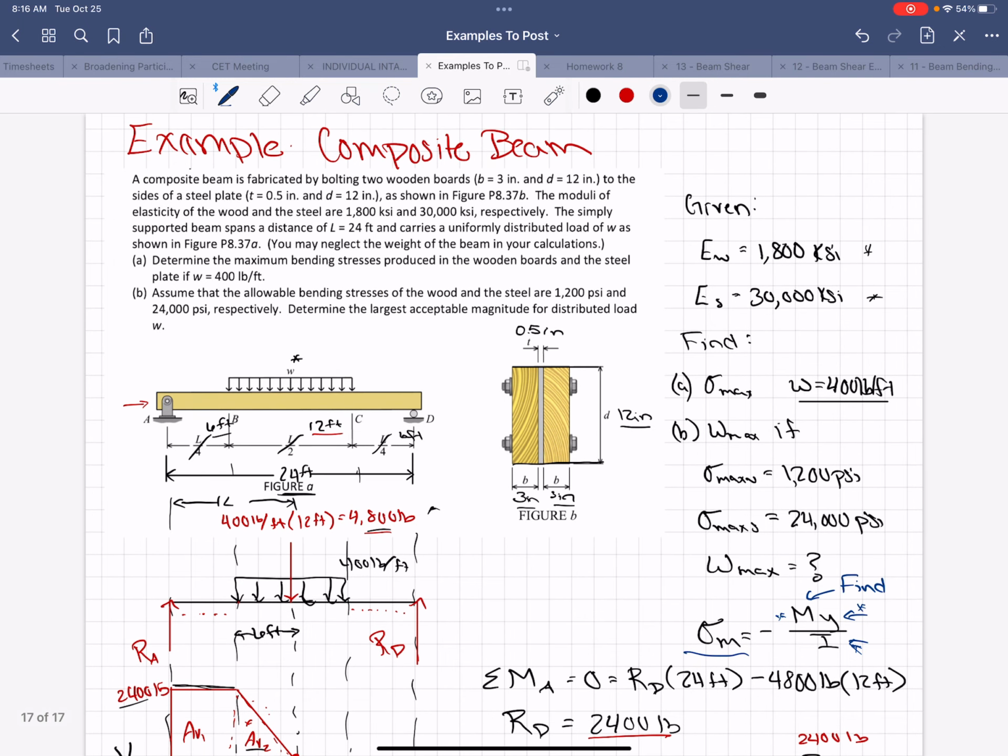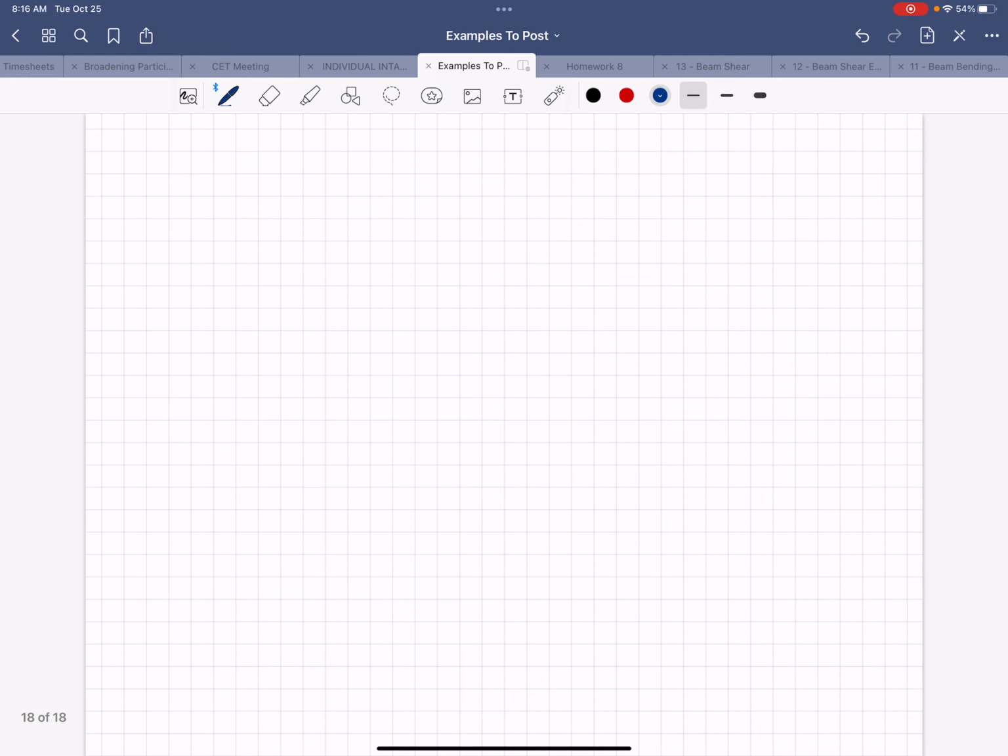The trick here is that this has two materials. We have wood and steel. So we are going to need to transform this section. So sigma max equals a negative My over I. We need to transform the section.